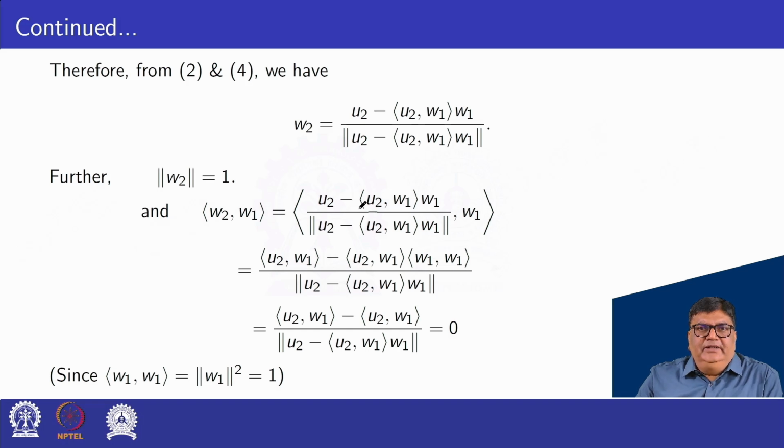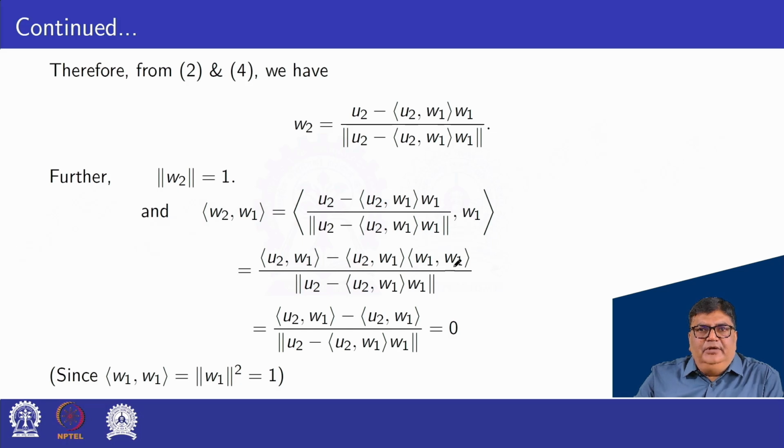So simplifying this, this is a scalar, so we can write it outside the inner product, and simplifying this equals inner product of u2 and w1 minus inner product of u2 and w1 into inner product of w1 and w1 upon norm of this.